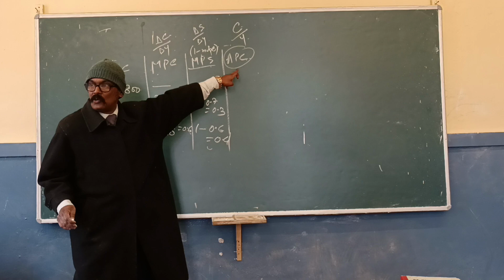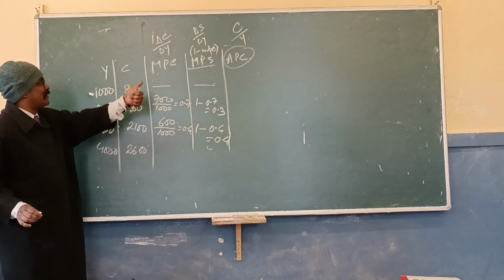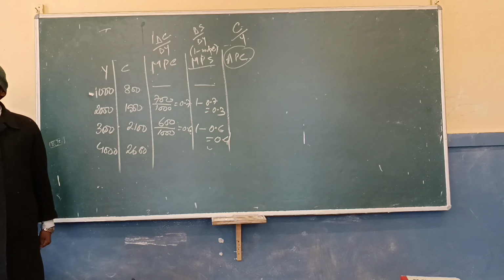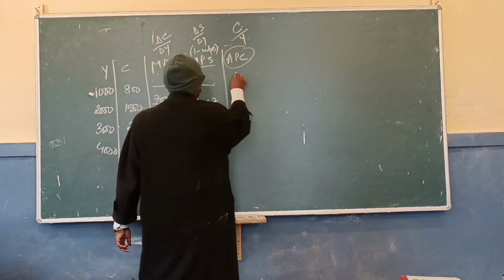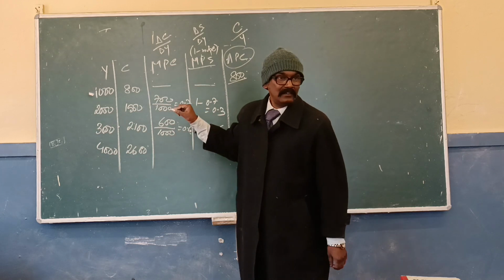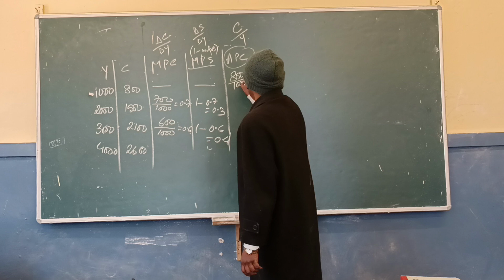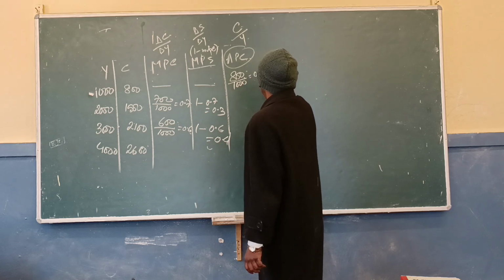Third one, what I saw most of you have done correctly. What will be the first one in APC? 800 divided by 1000. That is 0.8.